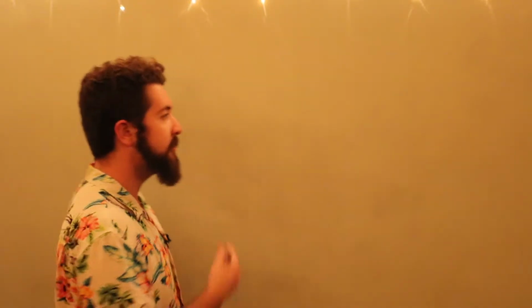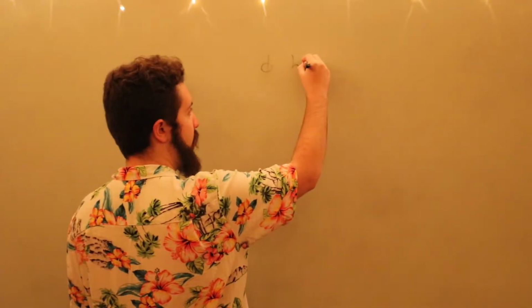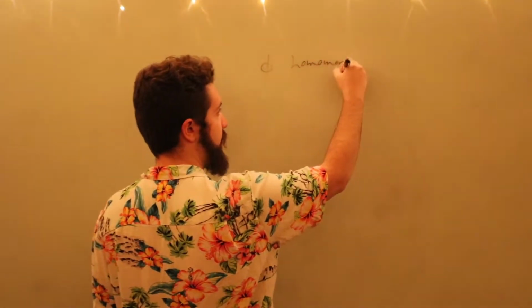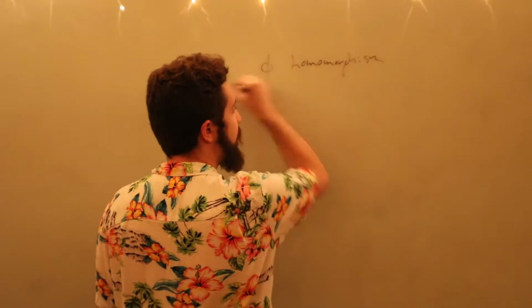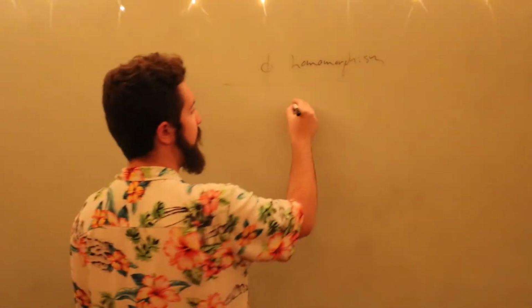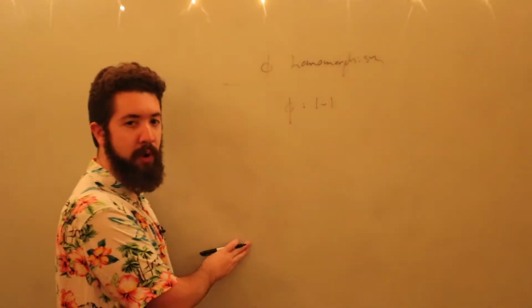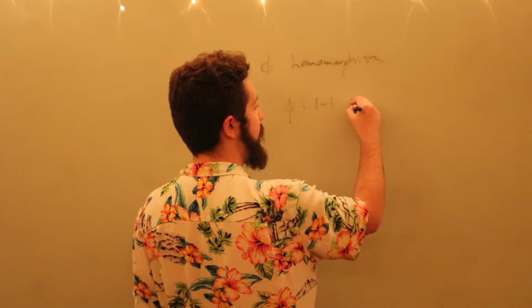Now, just as there are different kinds of maps, there are different kinds of homomorphisms. So we'll say phi is just a homomorphism to begin with. So we assume this. Now, if on top of being a homomorphism, phi is 1 to 1, we're going to call phi a monomorphism.